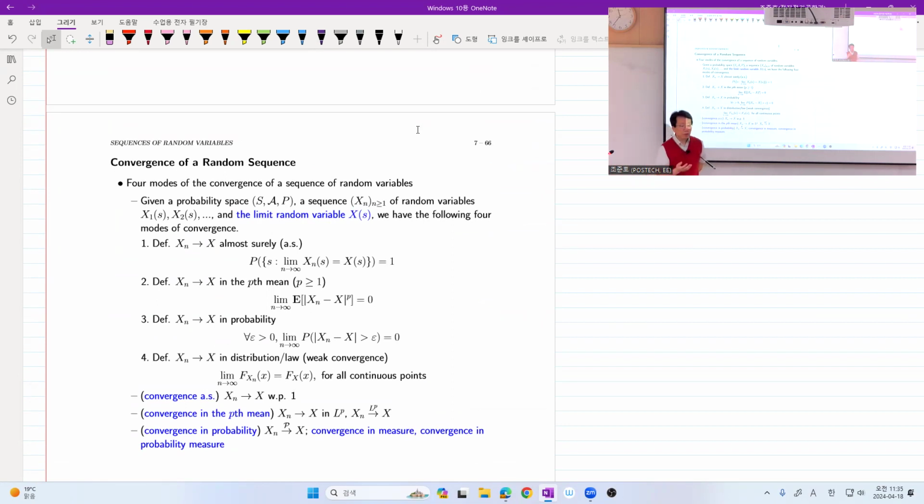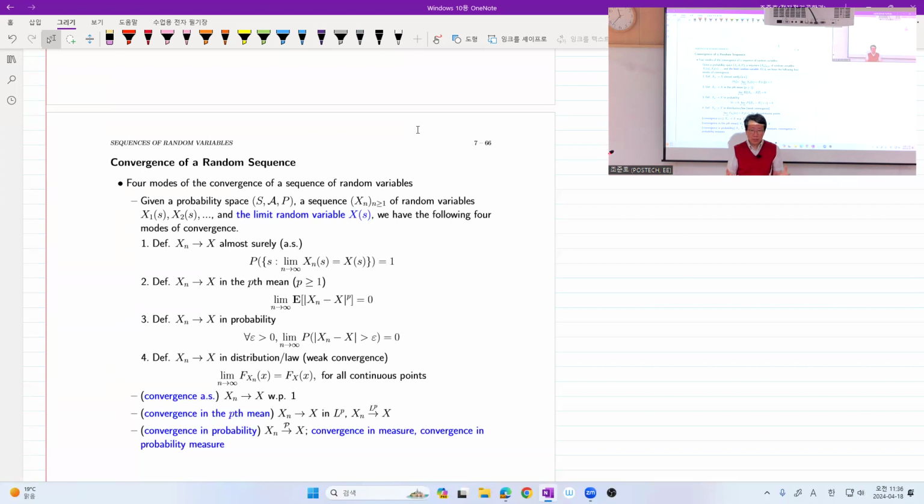And if you remember our previous review on the sequence of functions, our target is, of course, a function, right? So when you talk about the limit of a sequence of random variables, the limit, if it exists, must be a function. It could be a measurable function. Then we call it a random variable.